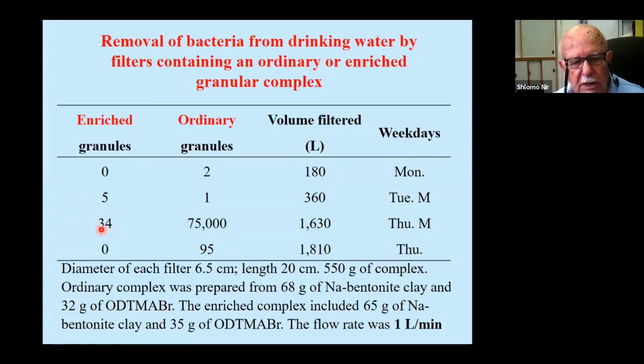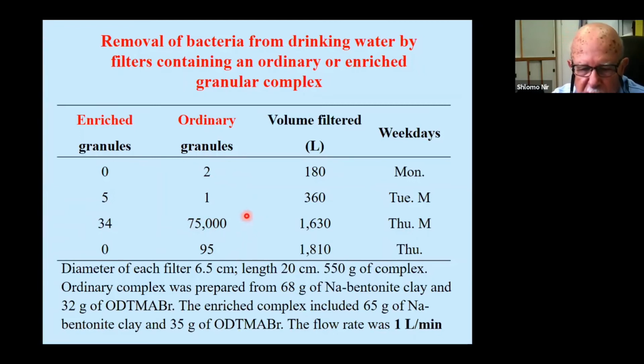We could remove the bacteria very well, only 34 emerged in the case of the enriched complex, and a large number, 75,000, in this case, by the ordinary complex. What brought this large number of bacteria?